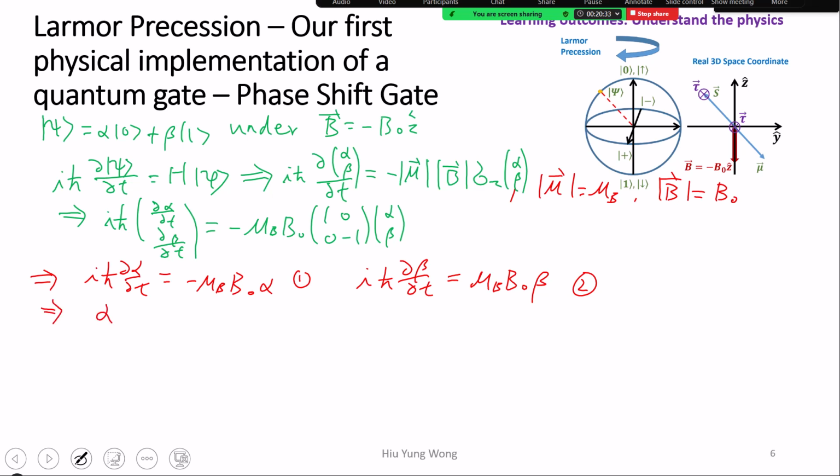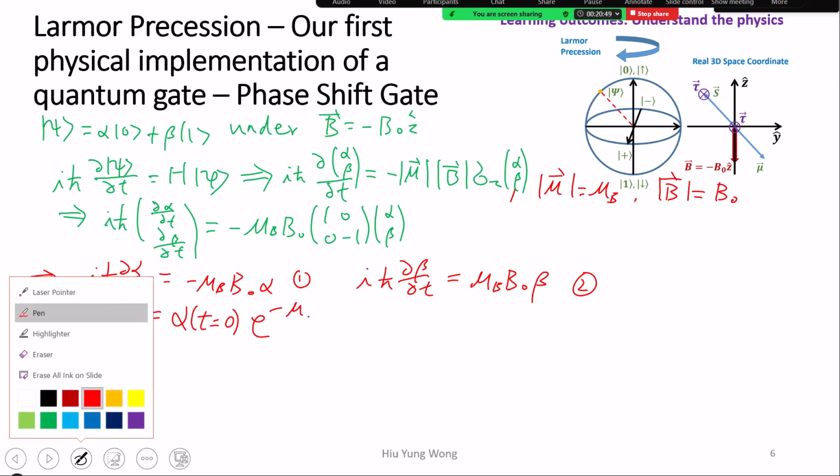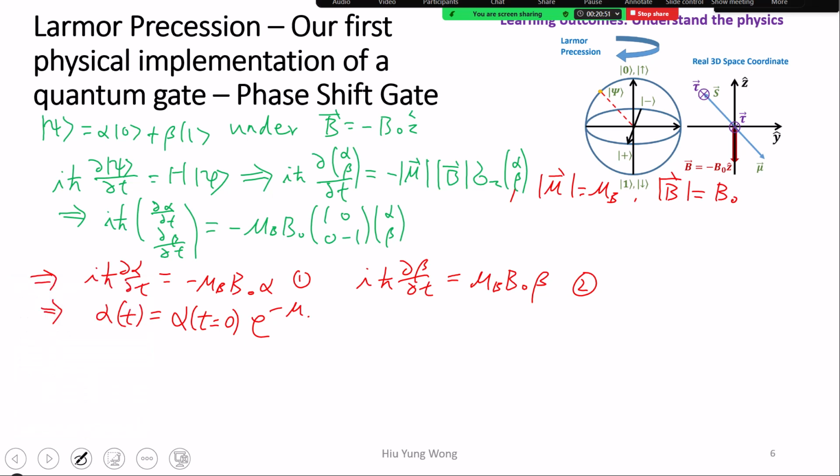So alpha as a function of t is going to be equal to alpha at t equal to 0, times e to the power negative mu B B0 divided by i h bar times t.